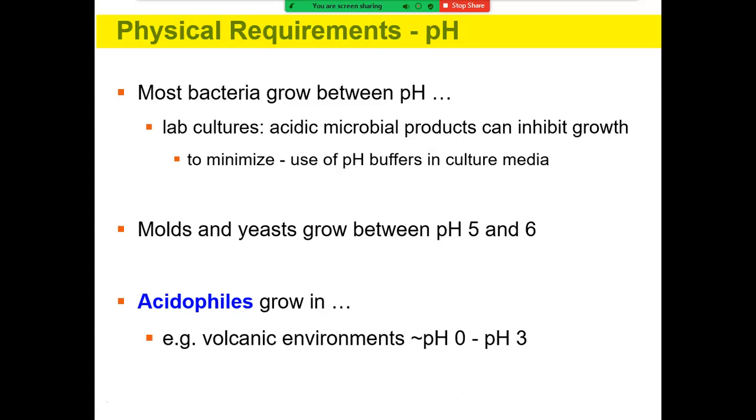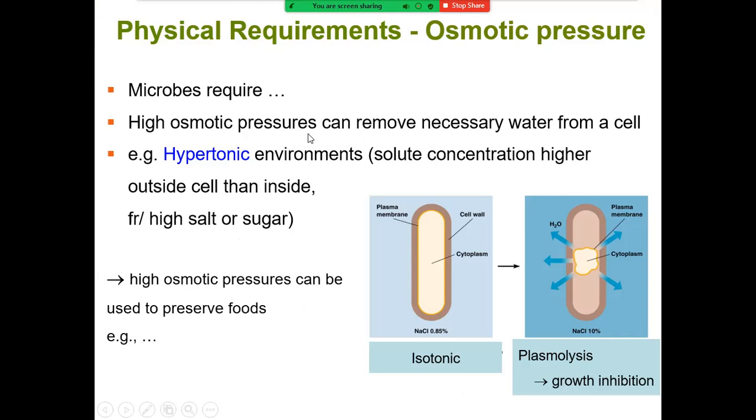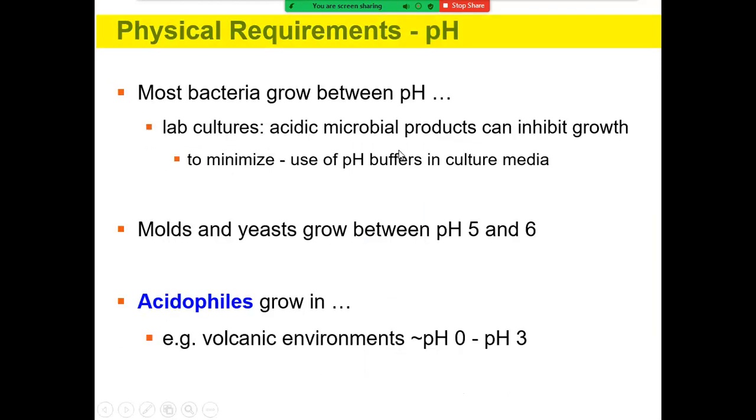Many microbes produce an acidic environment if you grow them. So the microorganism itself will degrade the environment. We can use pH buffers in culture media to minimize the shift in pH.